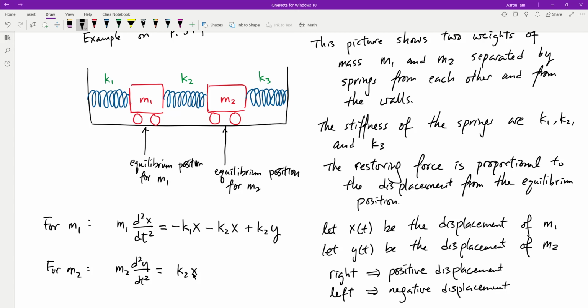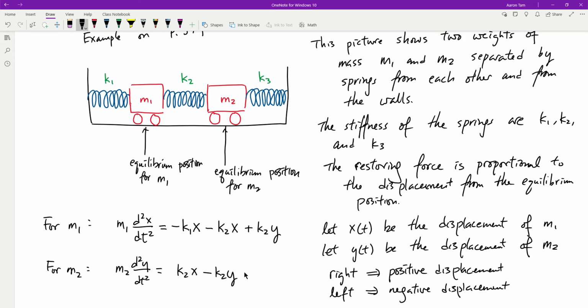If m2 itself moves out of its position, K2 would have a force that pulls it back toward the equilibrium position. Therefore, it would be negative K2y. And K3 also would exert a force that pushes it back to where the equilibrium position is. So if M2 moved to the right, K3 would push to the left.